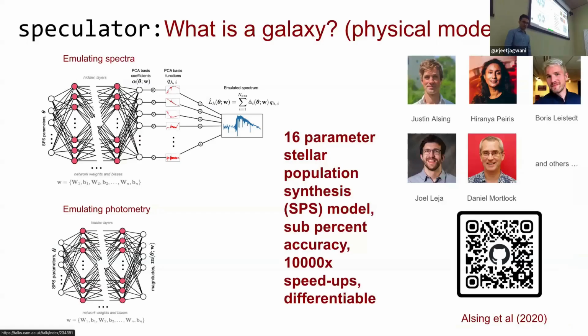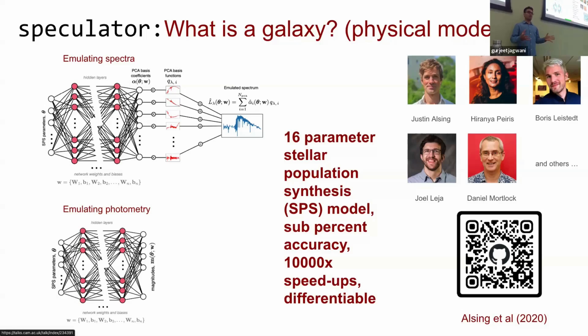This has been worked on by many talented people before, showcased in the 2020 work that we released. This is a neural emulator of generating either a spectroscopic result or a photometric result, within the 16 parameter stellar population synthesis model.